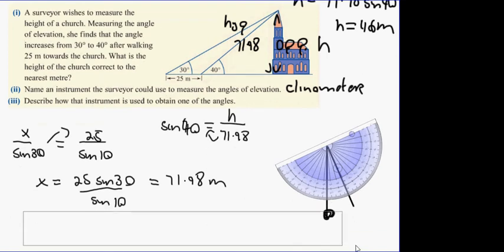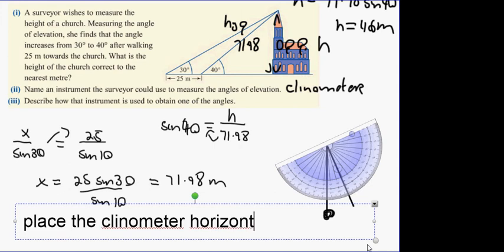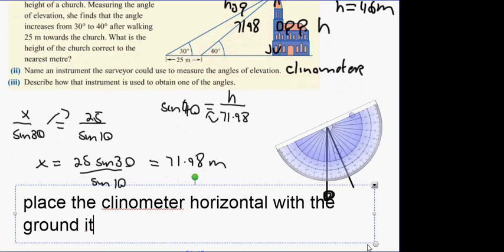Place the clinometer horizontal with the ground. It should read 0 or 90 degrees depending on what type of clinometer you're using.